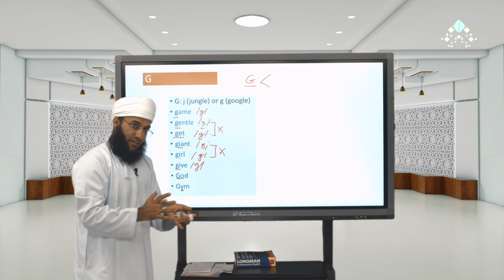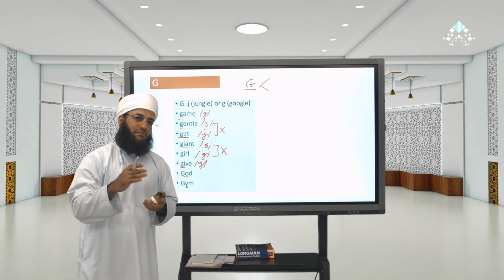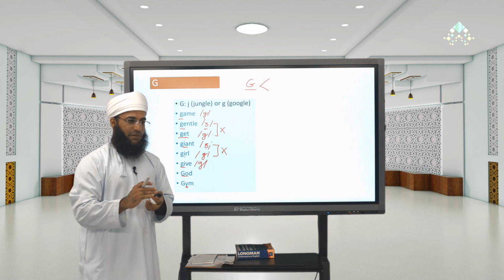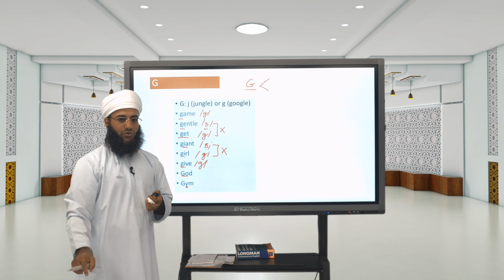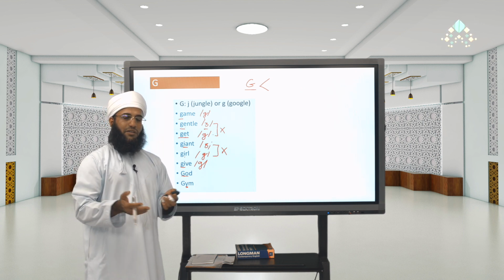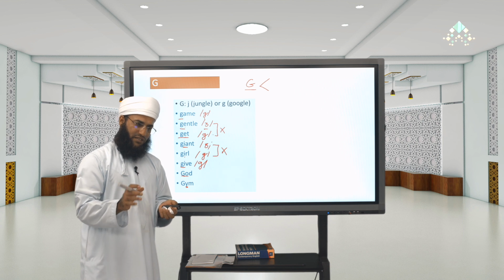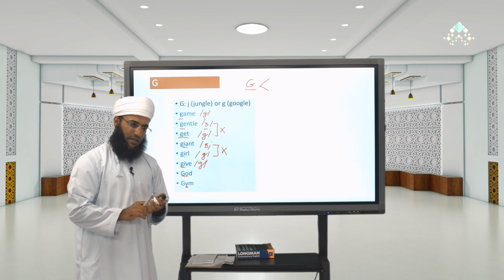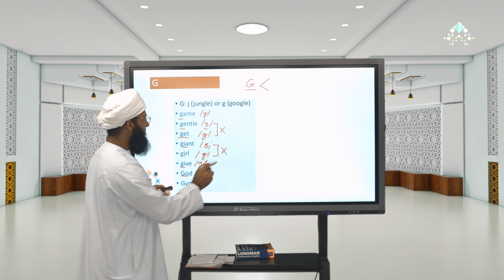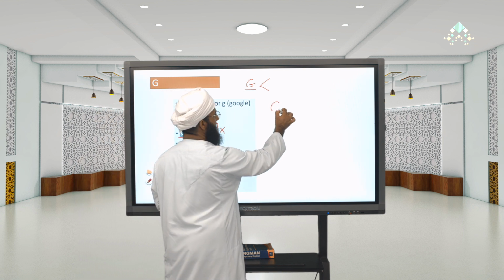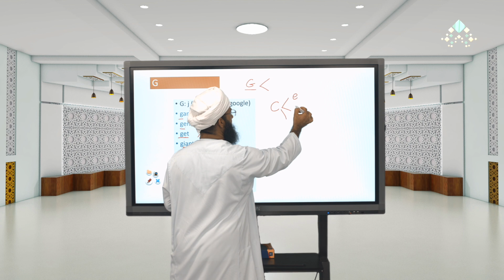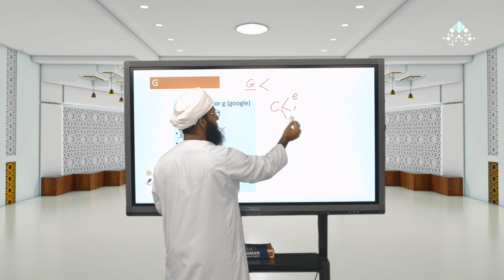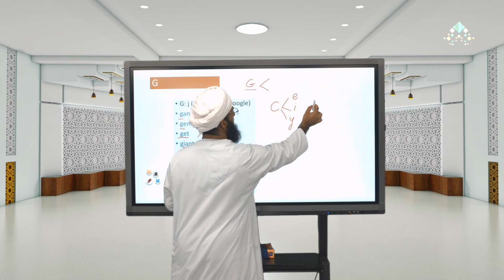If you follow the dictionary, maybe you will see some clear pattern for some letters. But it's very difficult to go through all those letters. In the previous lesson, we talked about C, you remember? If it is followed by e, i or y, we pronounce it sa.